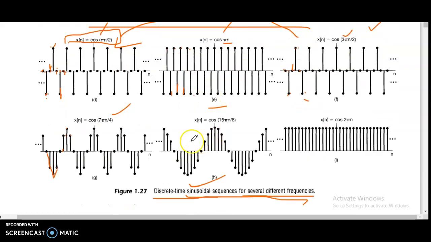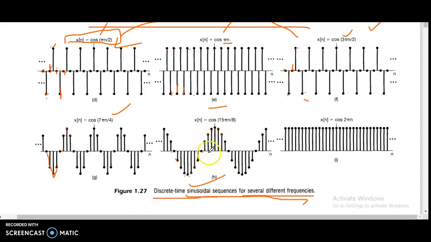So divided by 8. 1, 2, 3, 4, 5, 6, 7, 8. Then this negative side. Positive side starts from 0, 1, 0. 1 only, starting at 0 itself. 1, 2, 3, 4, 5, 6, 7, 8. Okay.